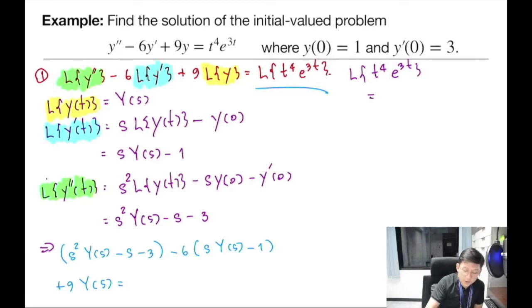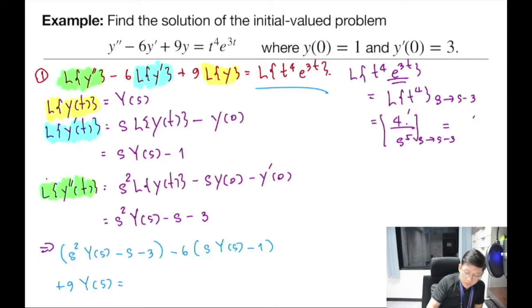Okay, so first we use the first translation. You can either use the first translation or you can use the derivative of transforms, but I would use the first translation. So that would be the Laplace transform of t to the 4, and then you shift s to s minus 3. So that will be 4 factorial divided by s to the 5, and you shift s to s minus 3.